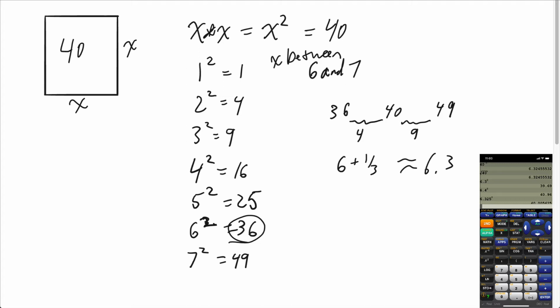I get 6.3 squared. So 6.3 squared. And of course you can actually multiply it out, right? 6.3 times 6.3. You can do this quickly. There's 4 digits in this thing, 2 decimal places, so you should have that.